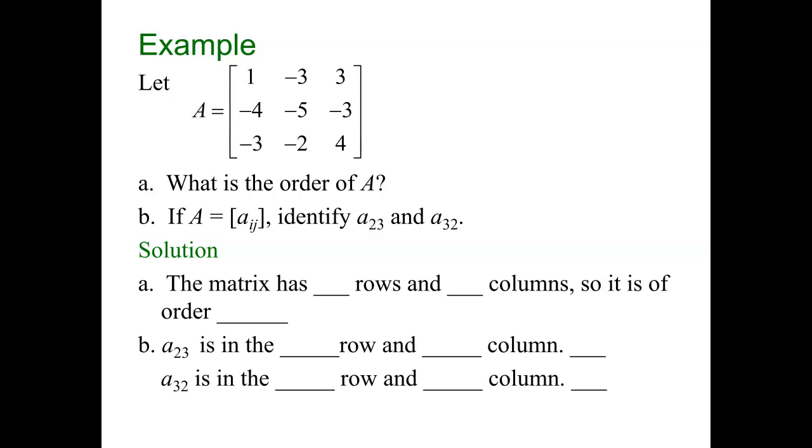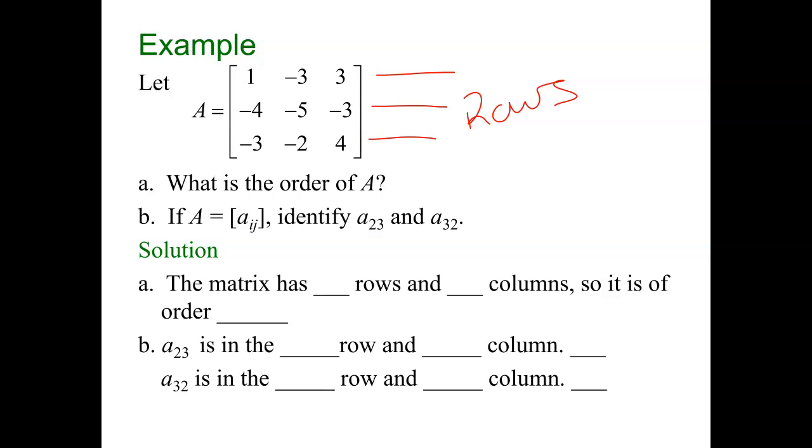So we have matrix A listed here with all those elements. We've got 9 different elements listed in that matrix. First we want to look at the order. Again, order talks about rows and columns. How many rows do we have in that matrix? 3 rows. Rows go side to side.